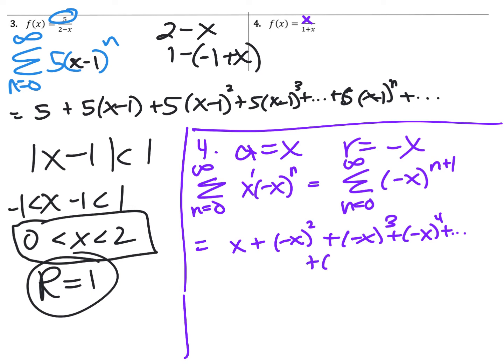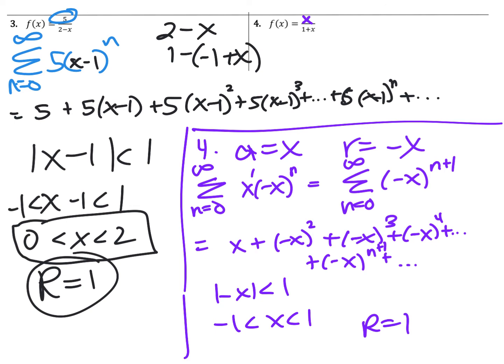Plus negative x to the nth power, or n plus 1, plus... So now I have written this as an infinite series. This infinite series is going to converge when the absolute value of negative x is less than 1, which is just going to be for all values between negative 1 and 1. So this would have a radius of convergence of 1.